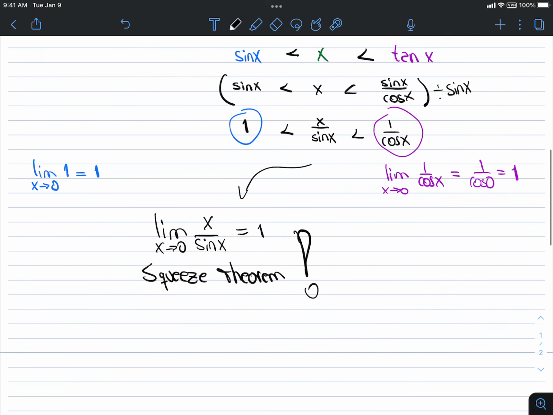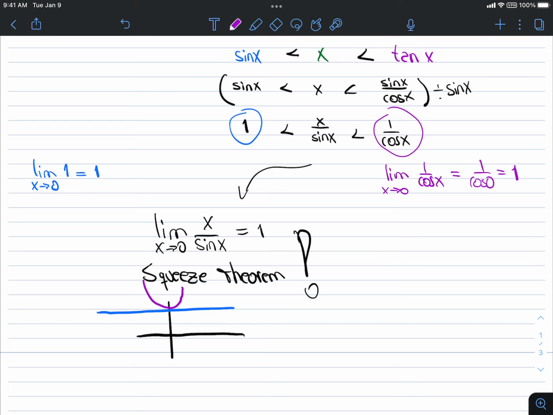Remember this idea of the squeeze theorem. You have two functions at 0. You have the function 1 there, and you have the function 1 over cosine, whatever it is. I don't know, something like this.